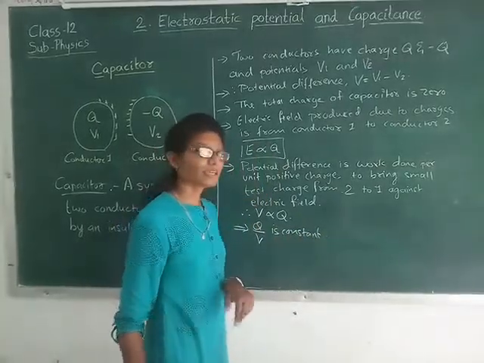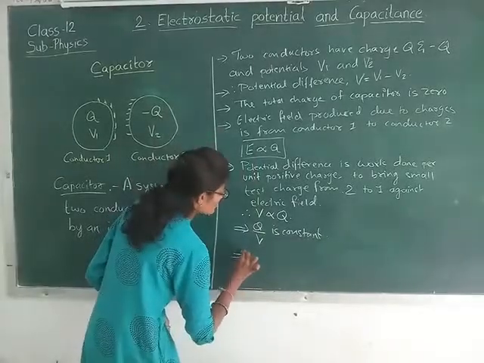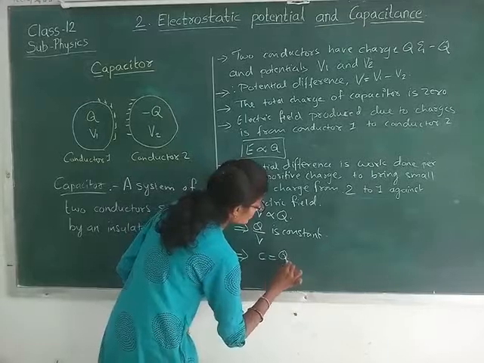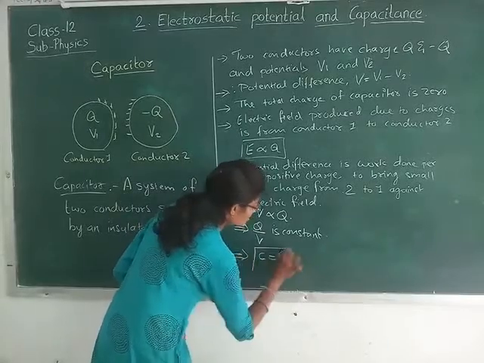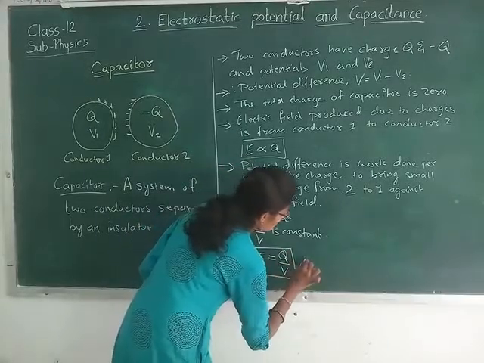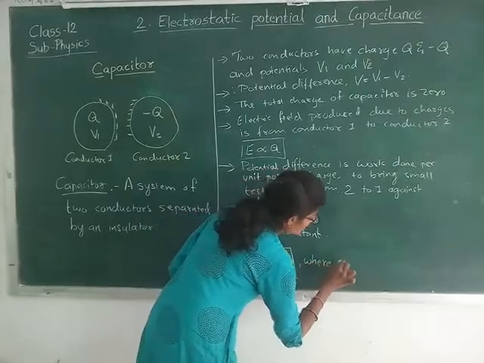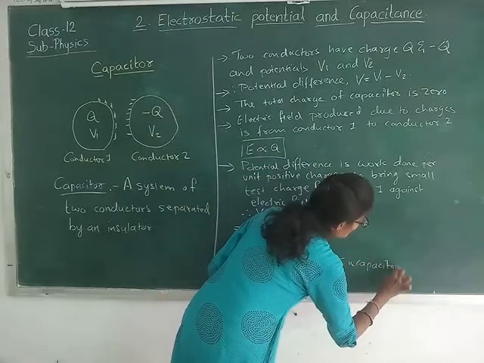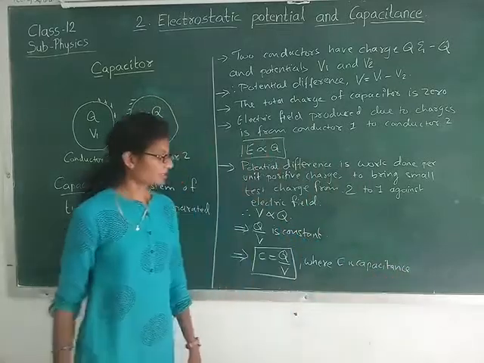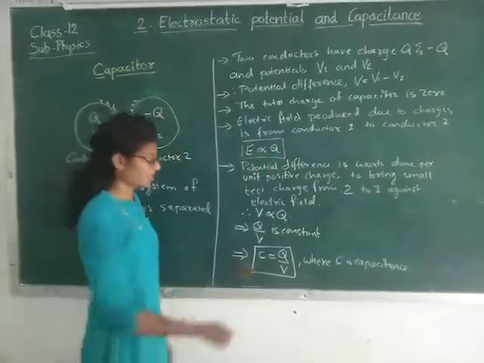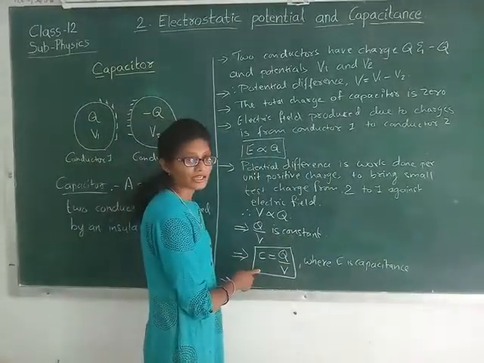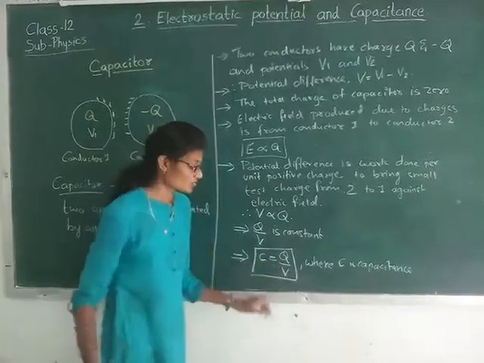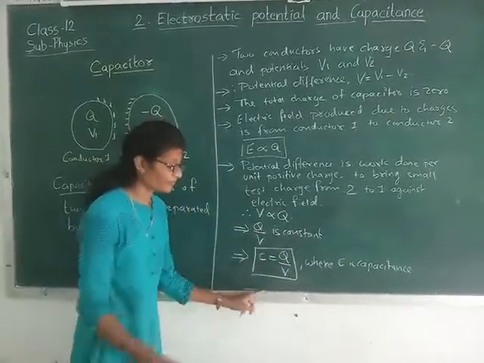Let that constant be C, which is nothing but capacitance, that is C equals Q by V, where C is capacitance, right? So from this, let us define the capacitance. C equals Q by V, right?